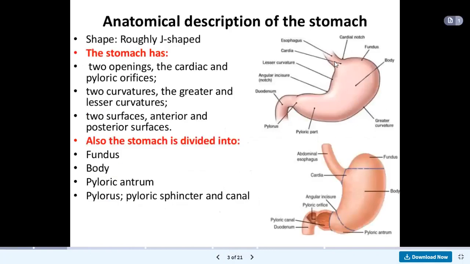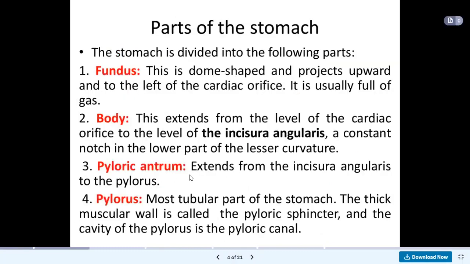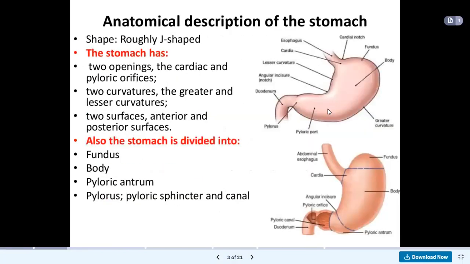From the cardiac orifice, from this place down to this incisura here, all this place is the body, okay? Then we have the pyloric antrum, which extends from the incisura angularis to the pylorus. So from the incisura here down to the pylorus make up the pyloric part.